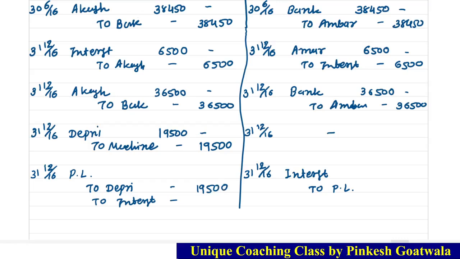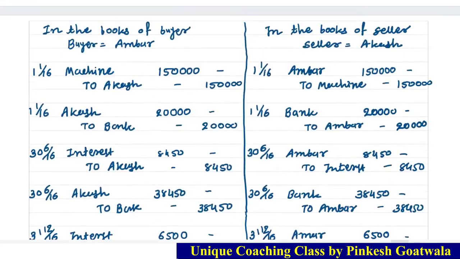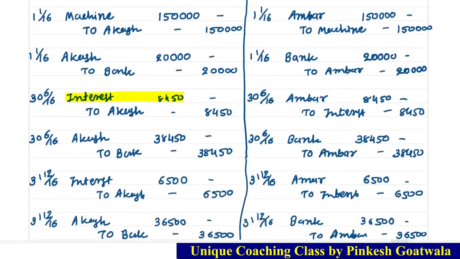And what is the amount of interest? Look here, because interest comes 2 times. How many times has interest come? 2 times. First here 8450 and 6500.